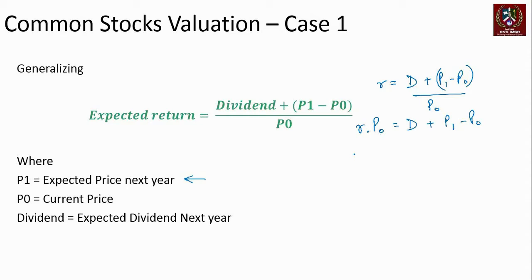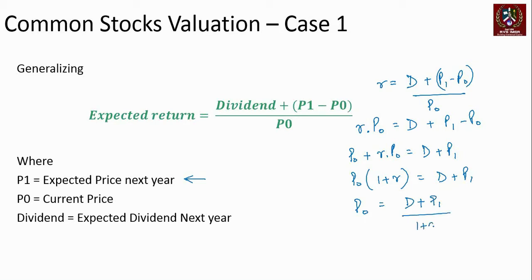Taking P0 to the left hand side, it becomes P0 plus R into P0 is equal to dividend plus the next year price. I can take P0 common here. So we can take out the price here, P0 into 1 plus R is equal to dividend plus the price next year. And thereby the price right now is going to be dividend next year plus price next year, divided by 1 plus the rate of return.